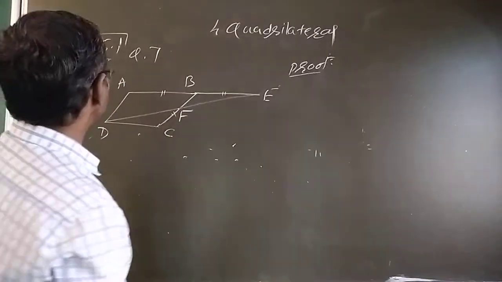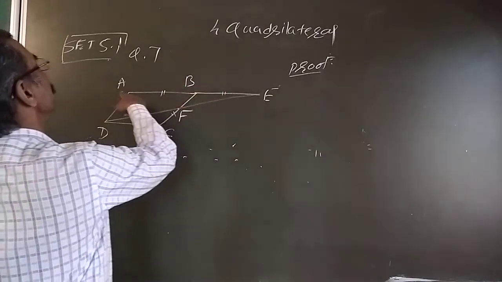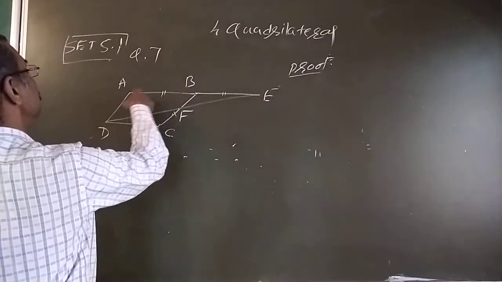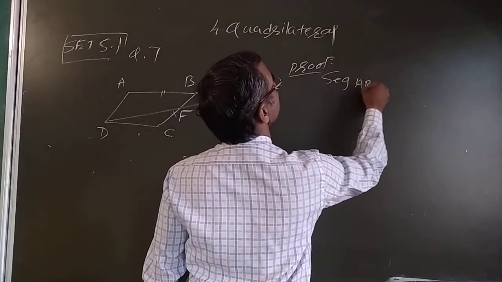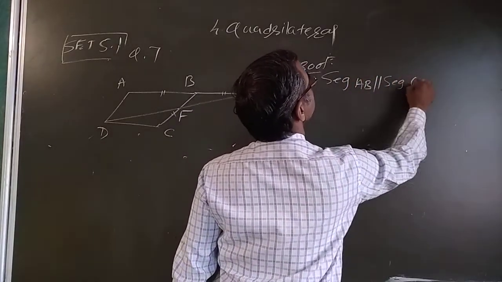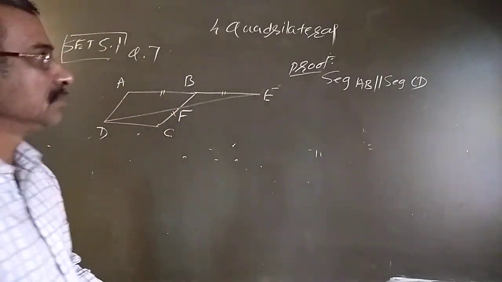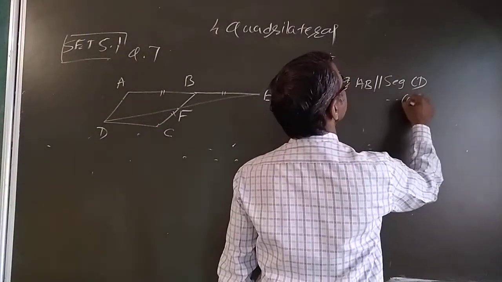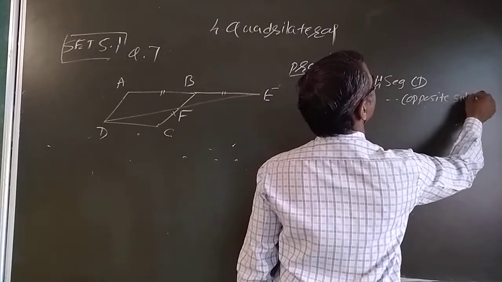Therefore, by using the property of a parallelogram, segment AB is parallel to the segment CD. What is the reason? The opposite sides of a parallelogram are parallel.